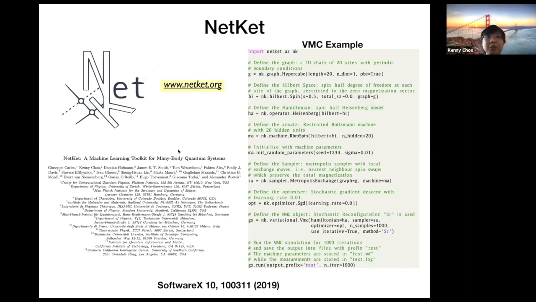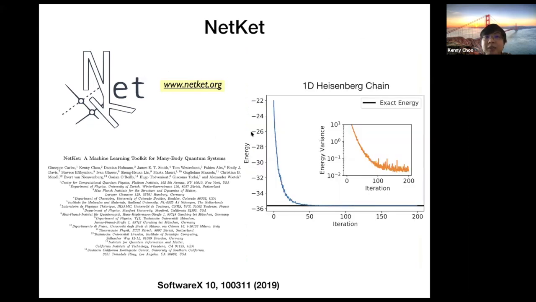So for example, to do a variational Monte Carlo calculation, one only needs a few lines of code, and here we are solving the 1D Heisenberg model with a very shallow network called the RBM, and with just a few lines of code, we can already get quite reasonable results, and both the energy and the energy variance converge quite well.